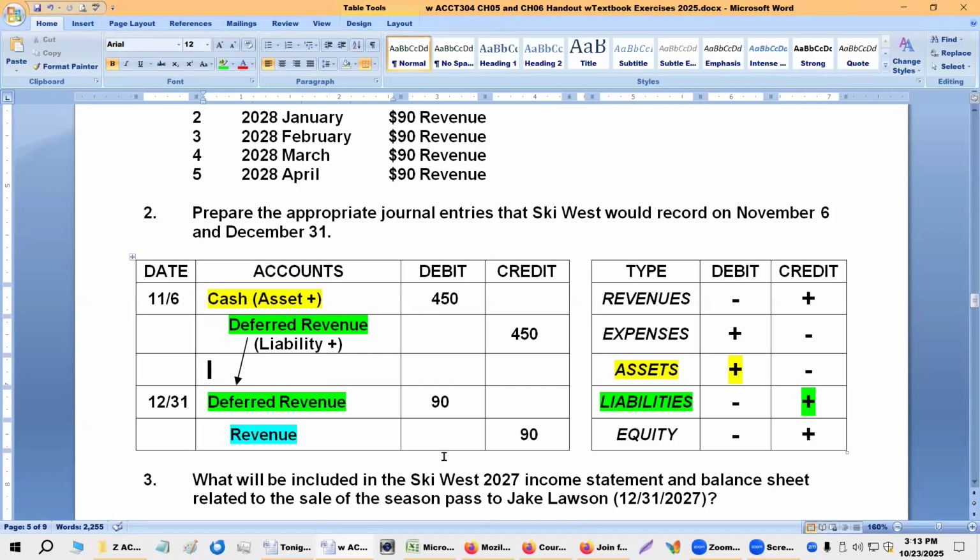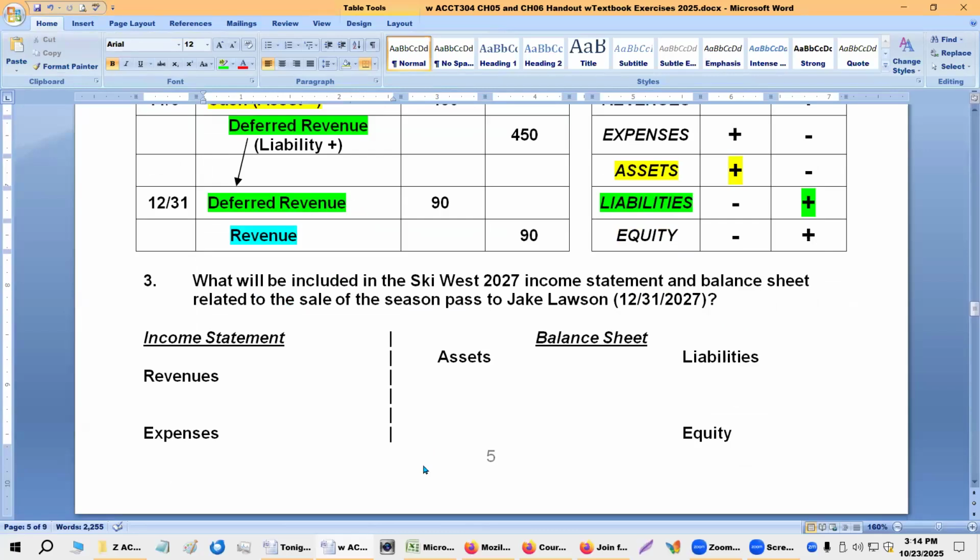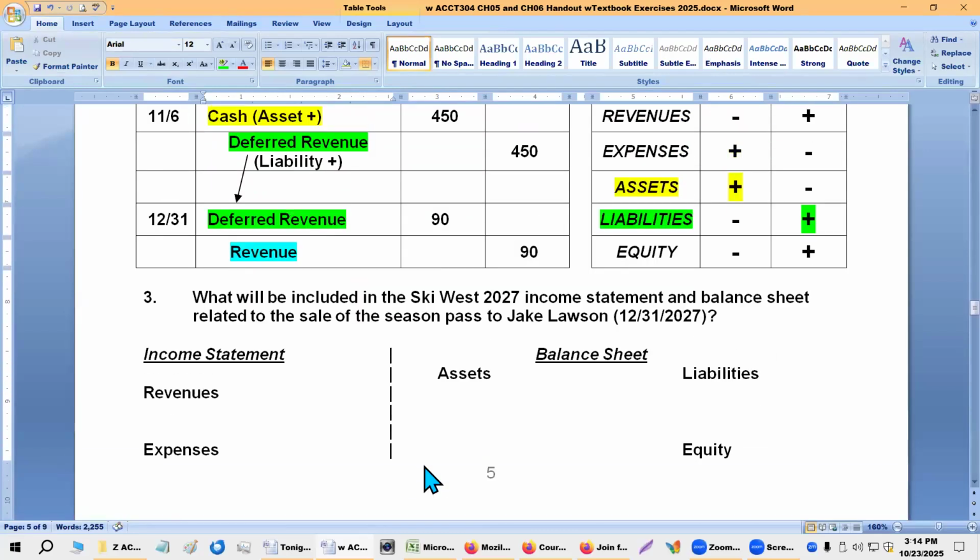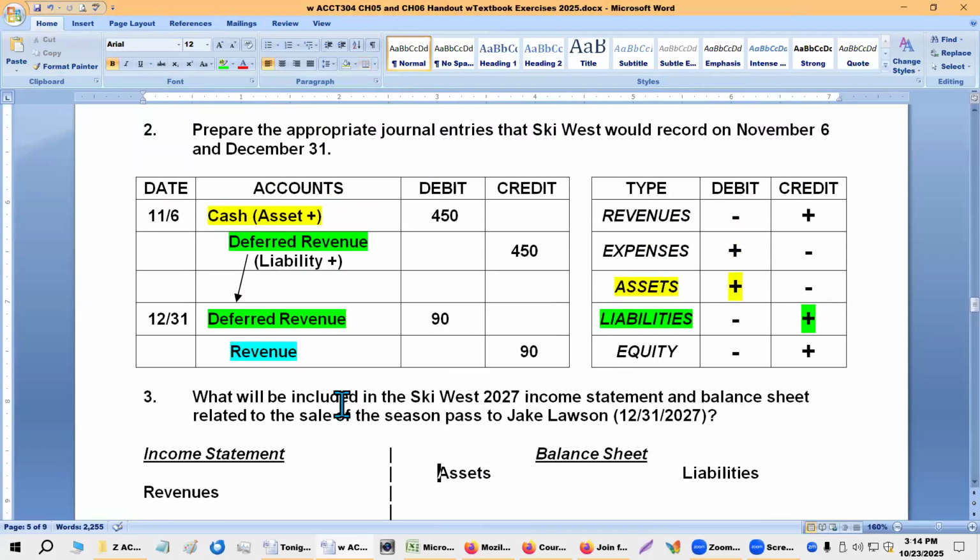If you do it every month, you may do it in a lump sum at the end of the 4 months or something, but so we're going to recognize revenue of $90 on December 31st. Okay, so coming down here, how would this be shown in the income statement and balance sheet?